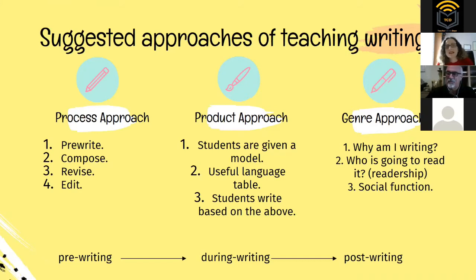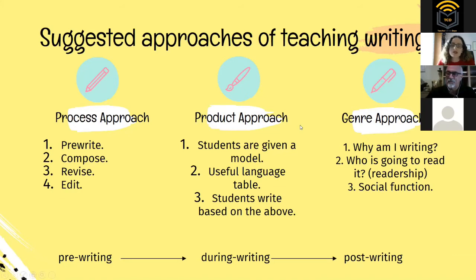The second one is the product approach, which is commonly used by course books, and in which students are given a model and a useful language table, and students have to write based on the above and produce a similar essay or letter or whatever you ask your students to do.